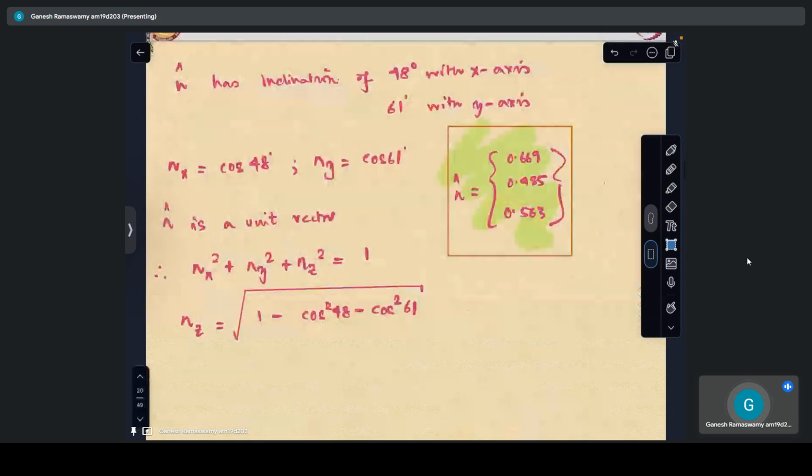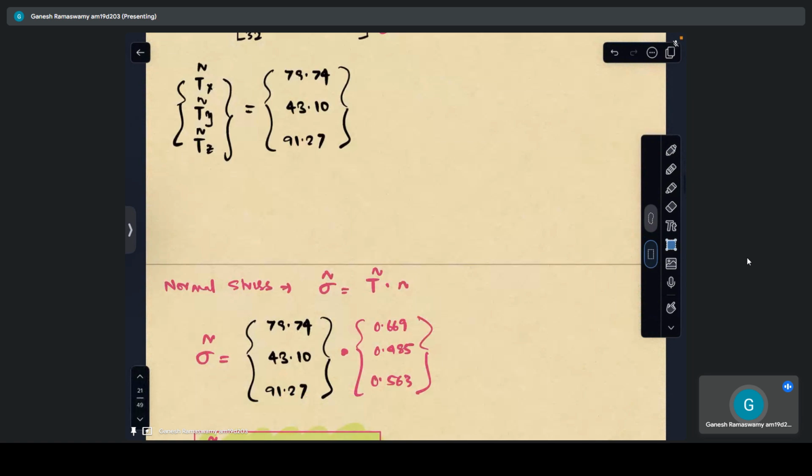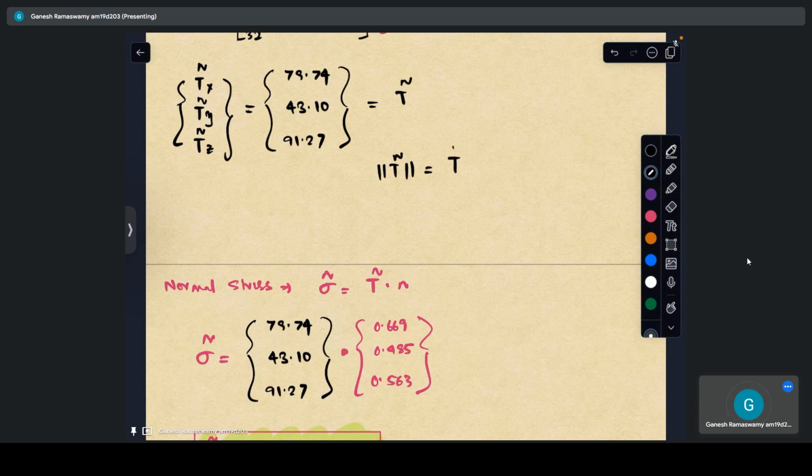So let us see what the magnitude is. So the magnitude of any vector, if this is Tn, then the magnitude squared of Tn is nothing but Tn dotted with Tn. So I just have to take this.